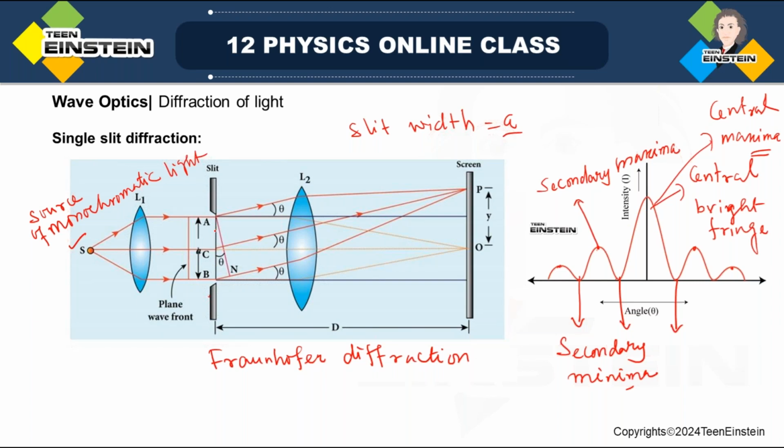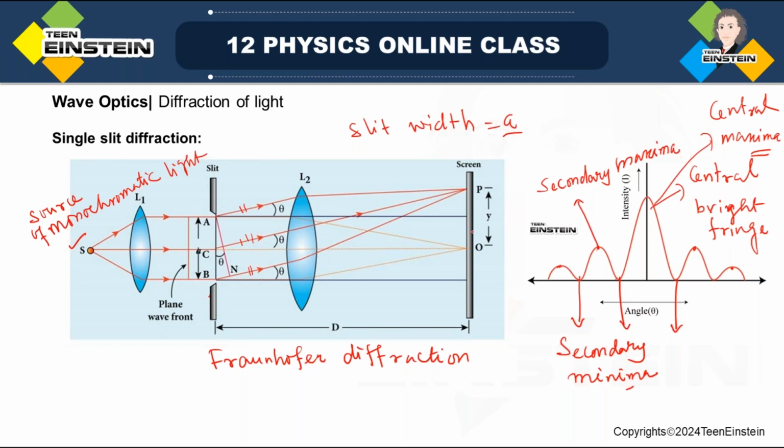You can imagine the slit to screen distance is very large, so all the rays coming out from the slit are also parallel. So we use lens 2 to make them meet on the screen, and the screen is kept at the focus of this lens 2.